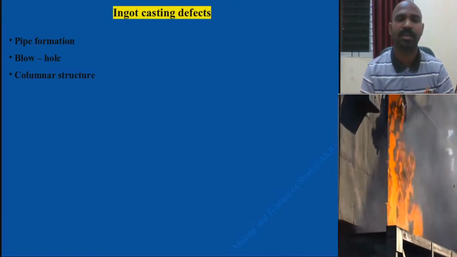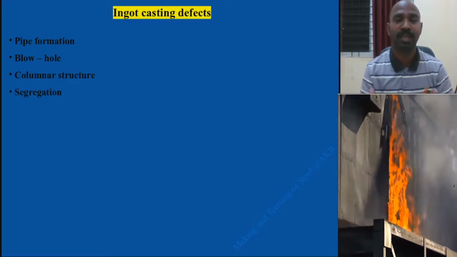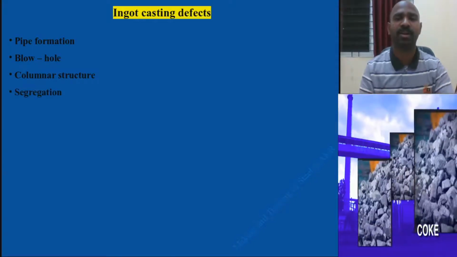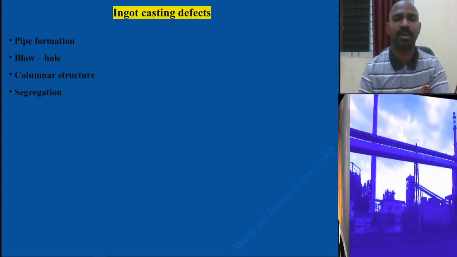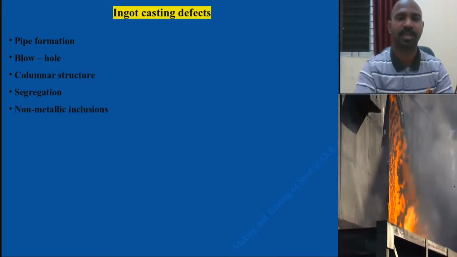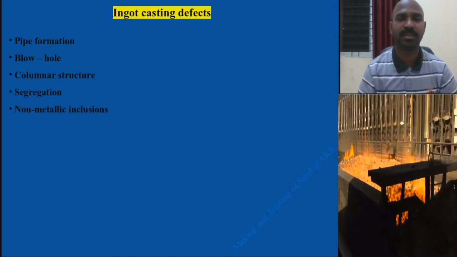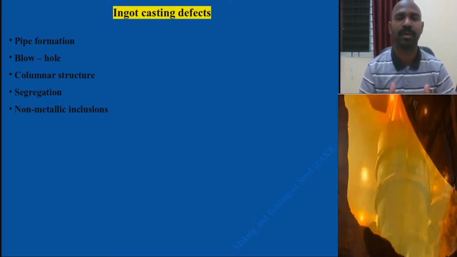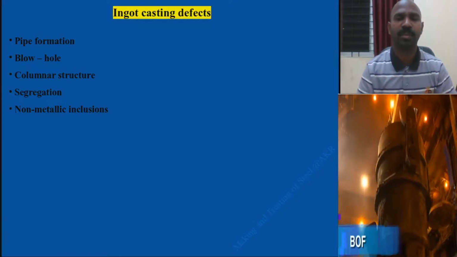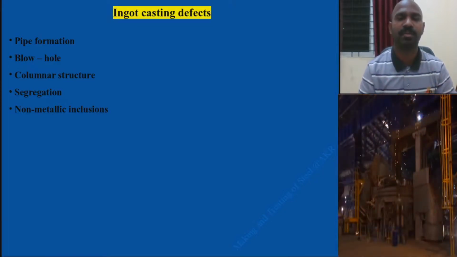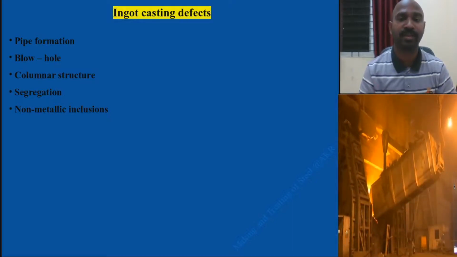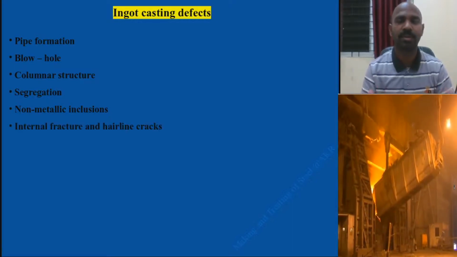Columnar structure is observed in killed steel, and segregation is observed in all kinds of steels. Segregation is nothing but chemical composition inhomogeneity, and non-metallic inclusions are observed in semi-killed and rimming steels.